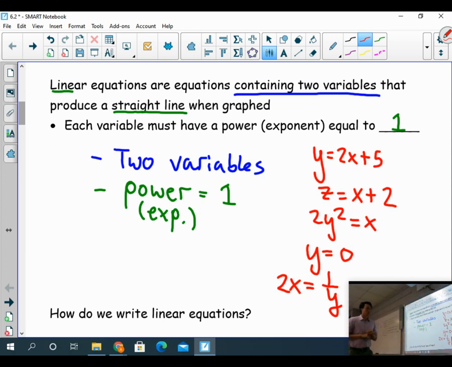Okay, so we're going to dive into which of the following are linear equations. Take a second, see if you can figure it out.